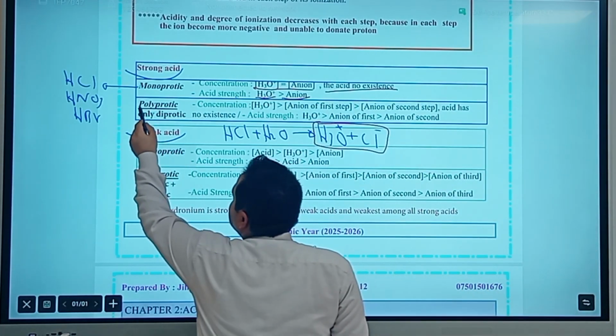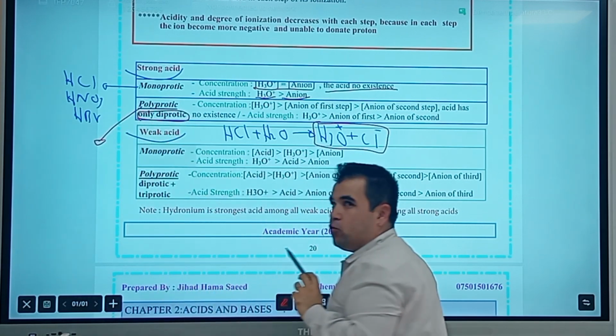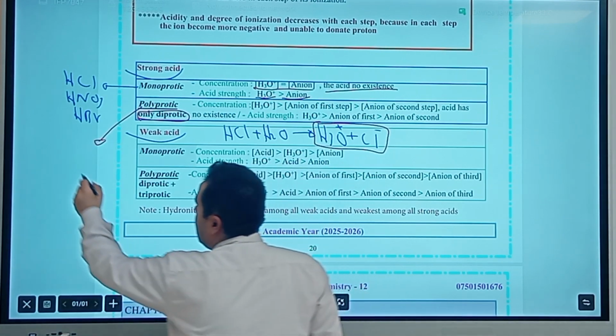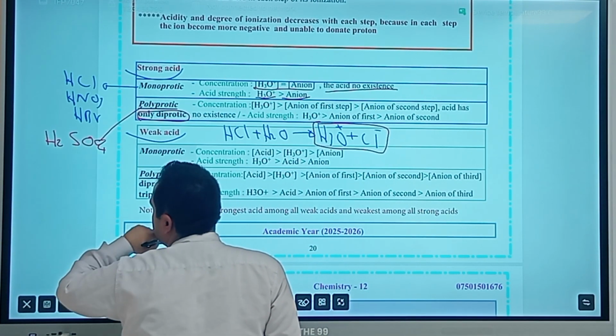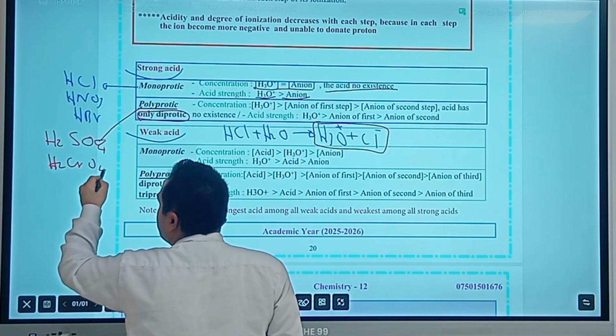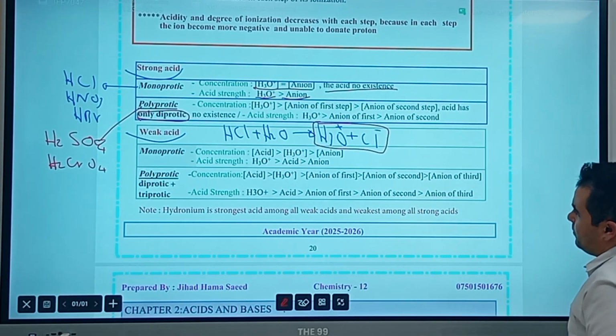For the polyprotics, guys, only diprotic strong acids exist. We do not have triprotic strongs. For this we usually have two examples, H2SO4, which is more frequently used, and H2CrO4, sulfuric acid and chromic acid.